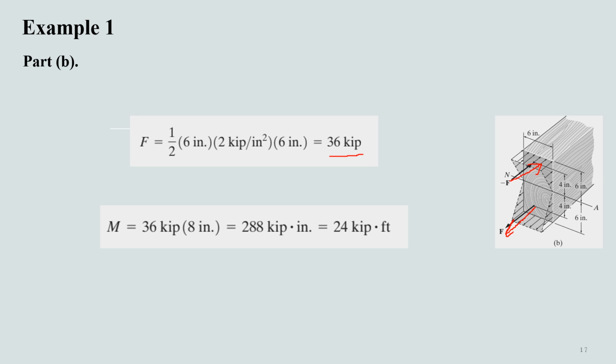So the couple arm is 8 inches. The force determined is 36 kip, and the product of couple arm and force gives us the moment, which is the same value as was determined using the flexure formula on the previous slide.